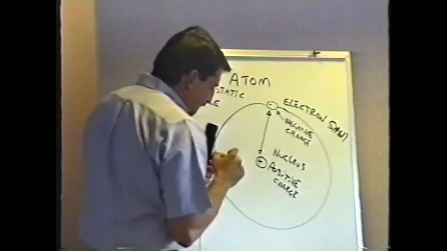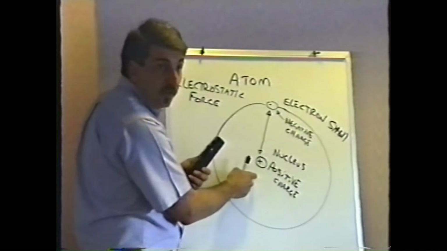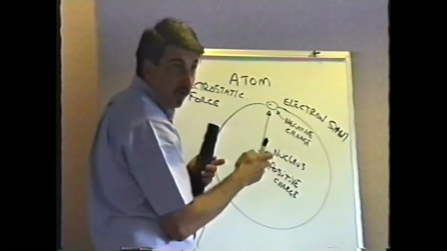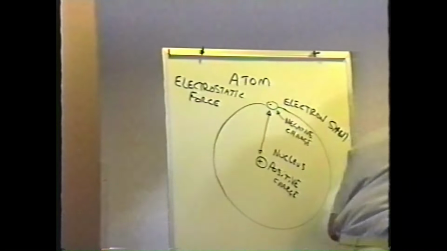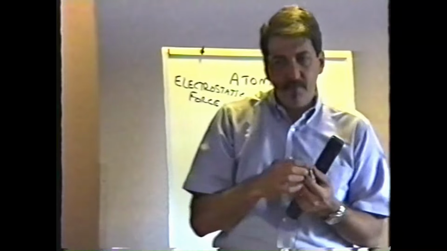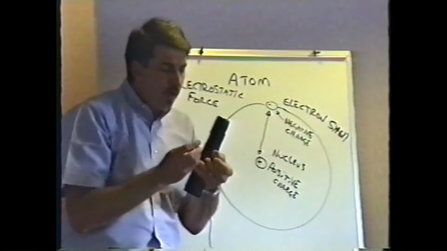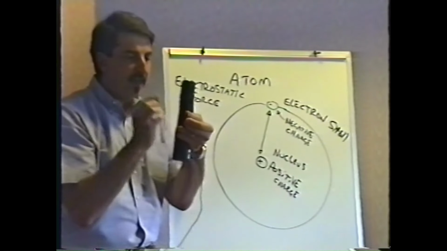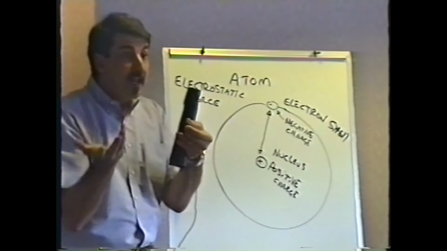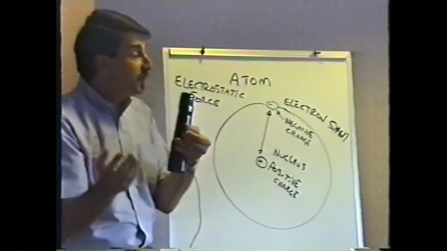And there's an attraction between the positively charged nucleus and the negatively charged electron. It's just like with magnets. You know that if you take a couple of magnets and you put the north pole of one magnet next to the south pole of another magnet, they attract each other like this. Same thing with electricity. Opposite charges attract each other.